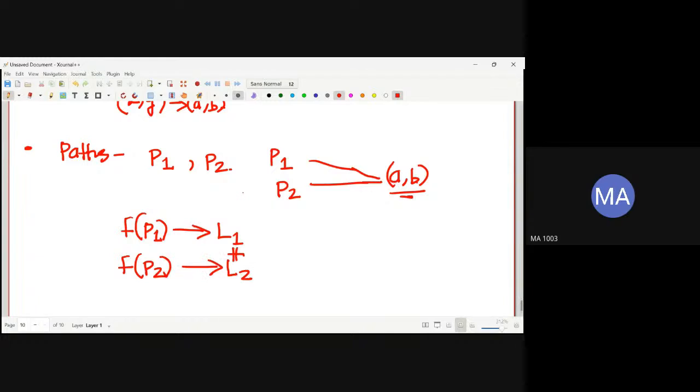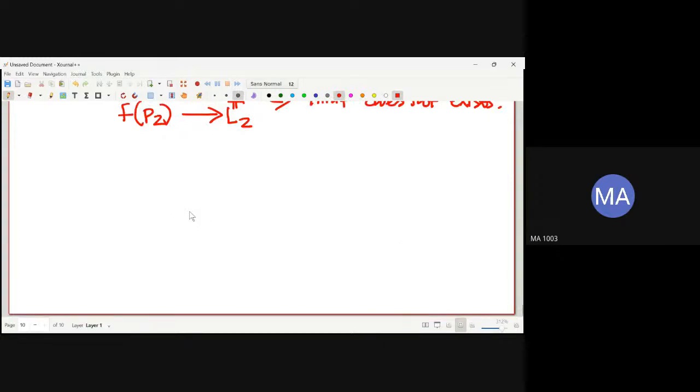So if you can show that there exist two paths P1 and P2 reaching this point (a, b), and using these paths the value of the function approaches L1 and L2, two different numbers, in that case you say that the limit doesn't exist.